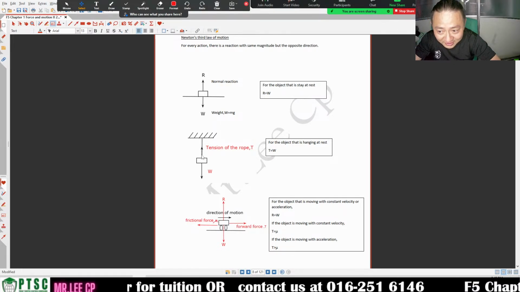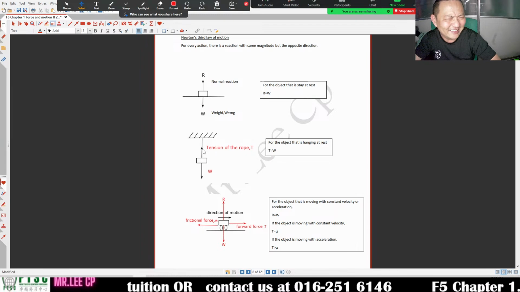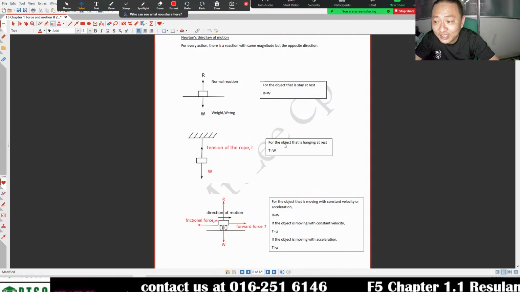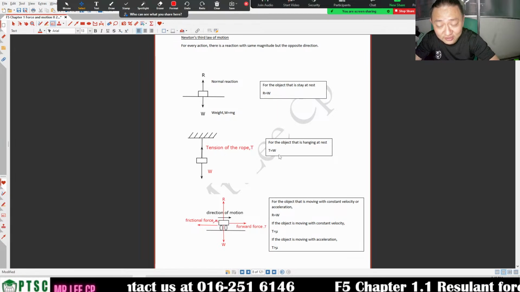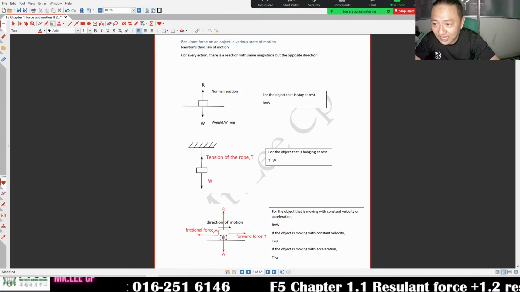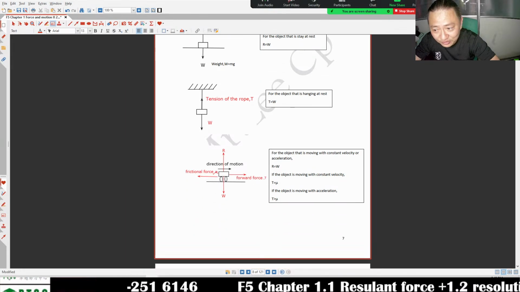So this one is the reading on the scale also. You can imagine it as something like you pull it up. If it is not moving, hanging, T is equal to W. Now, all the things that I say right now are for when it is not moving first.